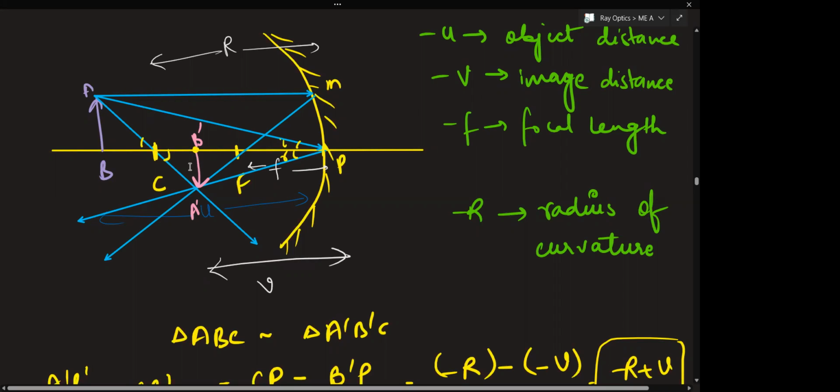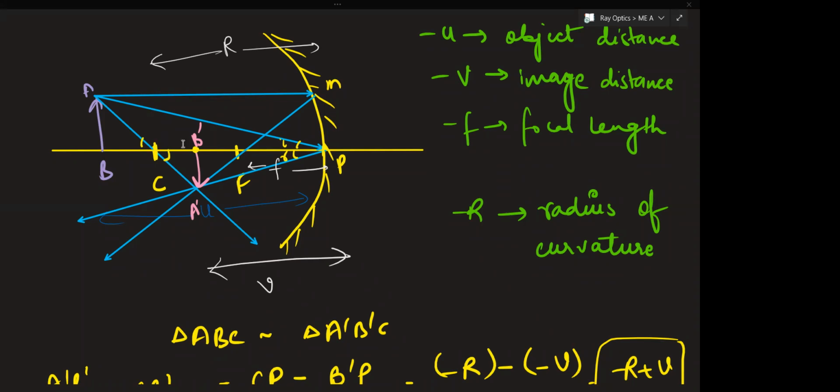So will we take height of image as positive or negative? We did the sign conventions. Yes, anything that is kept below the principal axis, we take as negative.